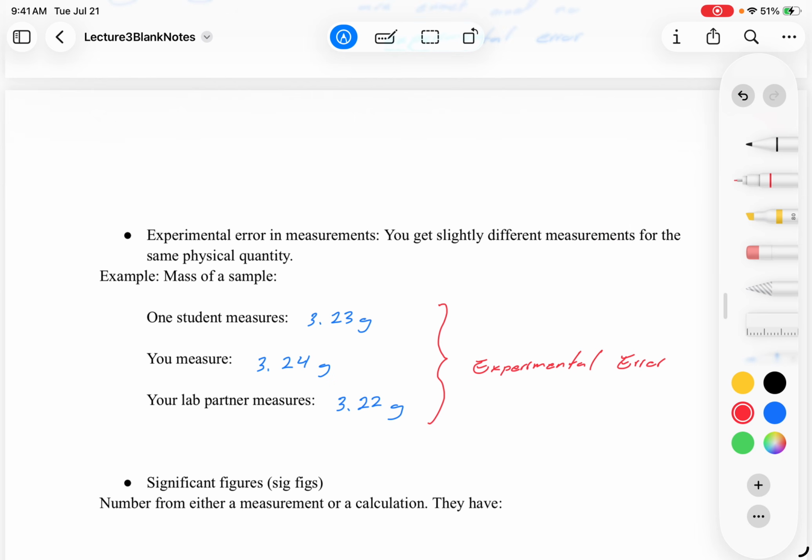And remember, why we have experimental error is because of our estimate, right? The last digit would typically be your estimate. Since the last digit will typically be your estimate, the two digits in front are going to be your exact digits.